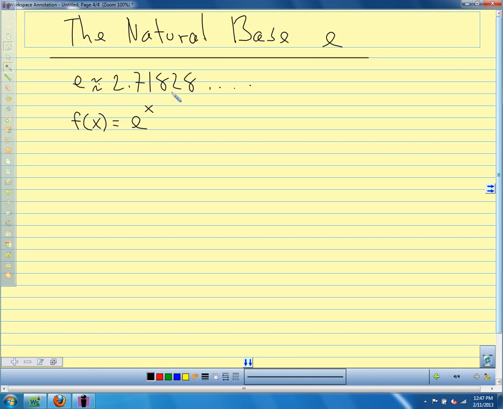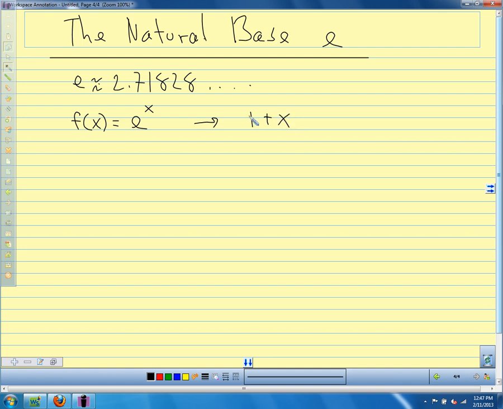It was originally discovered when a gentleman was calculating compound interest and was compounding the interest more and more and more frequently. He realized that this number comes out of calculating compound interest. And that formula, just so you know, you'll see this again if you go further in math.